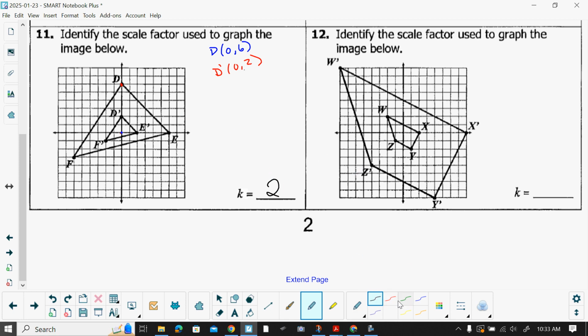But just to show you, you could have picked any point. Let's pick a different one. Let's pick F. F is 1, 2, 3, 4, 5, 6 left, down 1, 2, 3. F, negative 6, negative 3. My new point F, 1, 2, back 2, down 1.